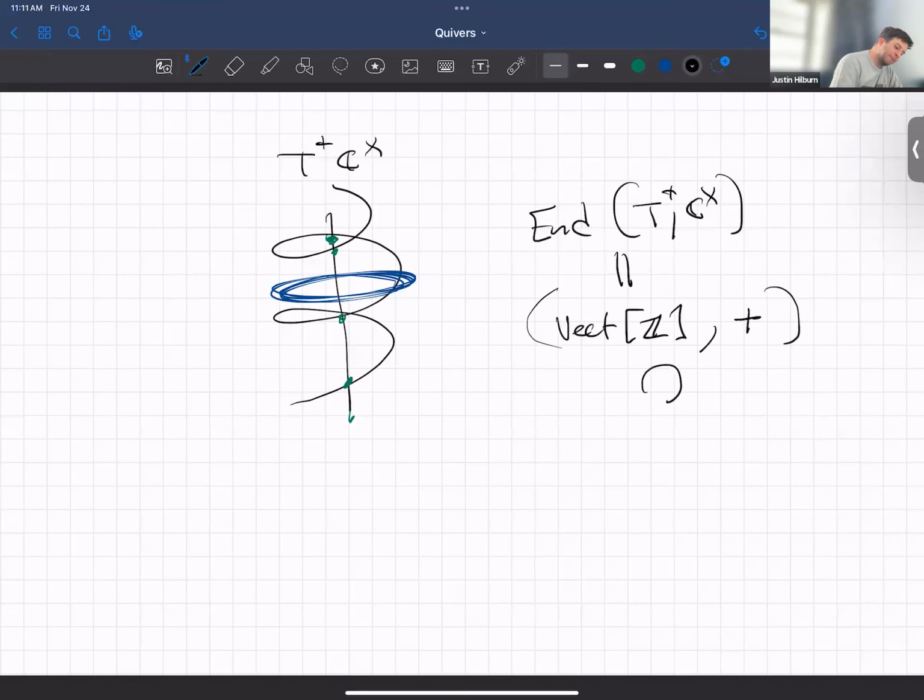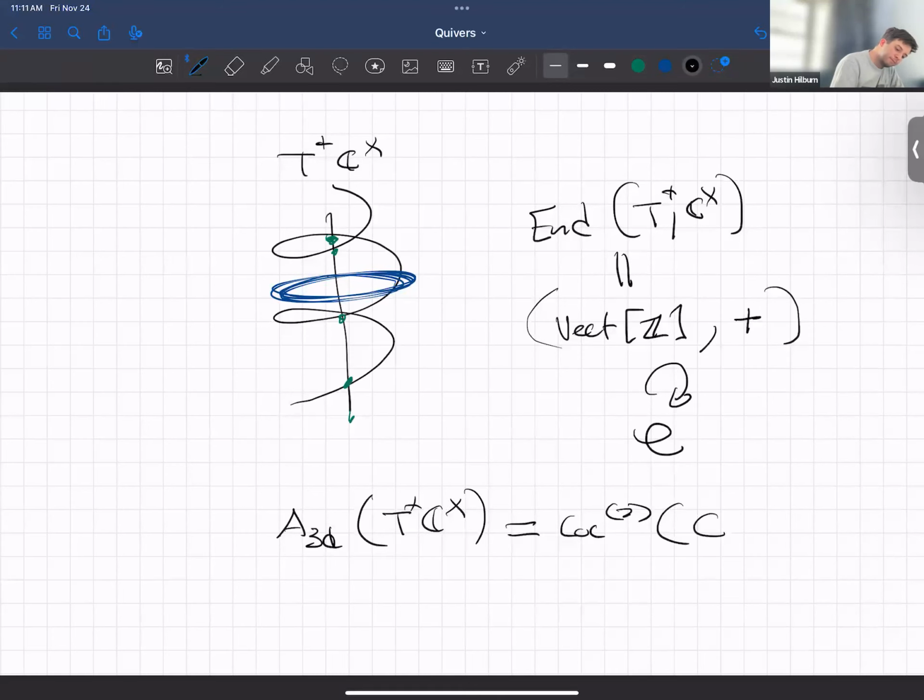And then if you look at modules for that, that exactly recovers Teleman's definition of being a category together with an integer's worth of automorphisms.